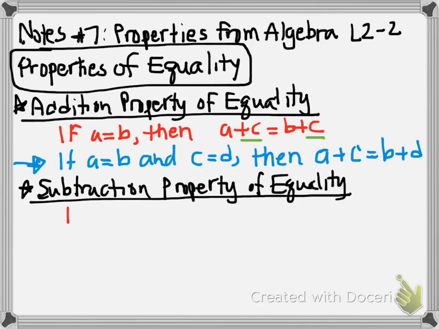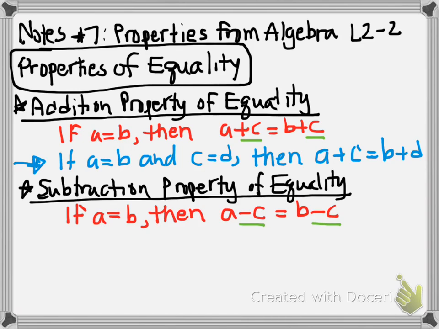If A equals B, then I'm allowed to subtract the same thing from both sides, and it will not affect that equality from remaining in place. So again, I am subtracting the same amount from both sides. Now, we don't usually use the subtraction property because remember we can rename any subtraction problem to an addition problem, so we can add opposites, and if that means we're adding a -3, then we can add a -3. So you don't see this one as much. Really, addition property covers a lot of things.